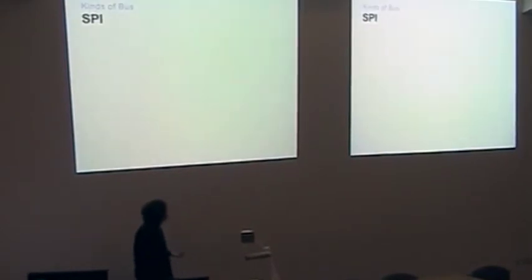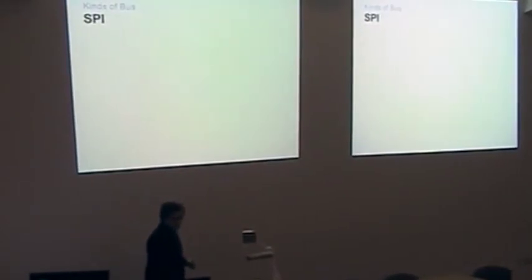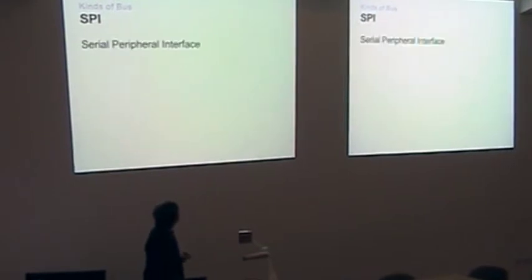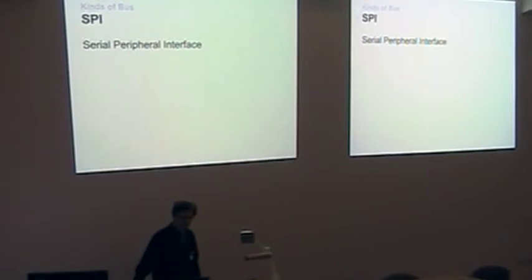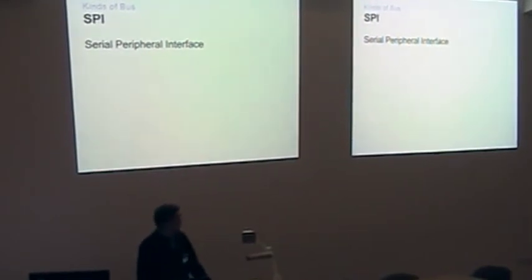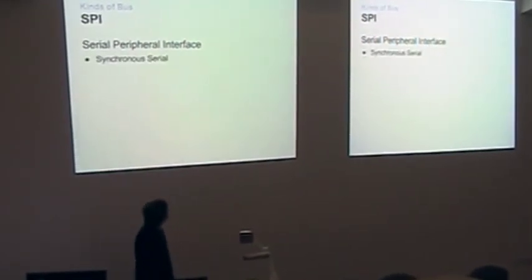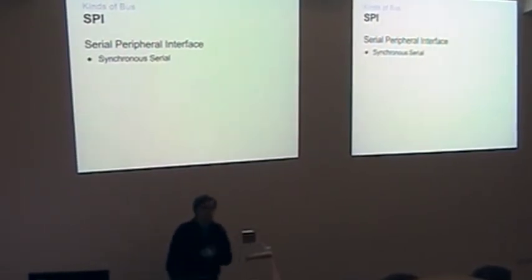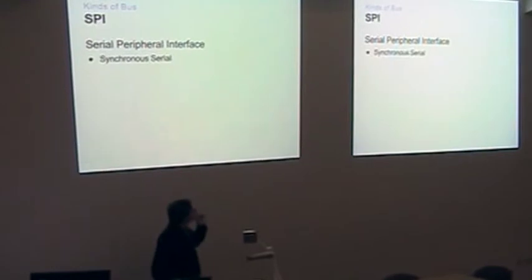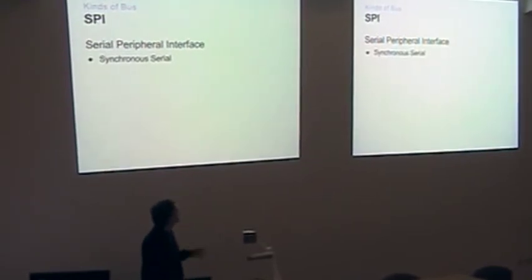But primarily the thing talks either SPI, which stands for Serial Peripheral Interface, which is this wonderful generic term that tells you nothing at all about what it actually does, like most things. It's a synchronous serial protocol. And I talk a lot about asynchronous code.